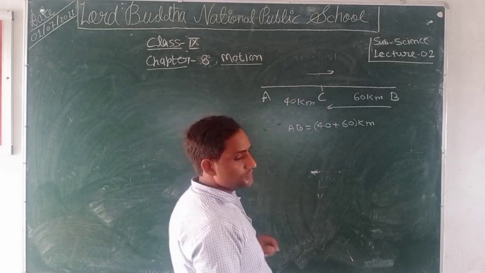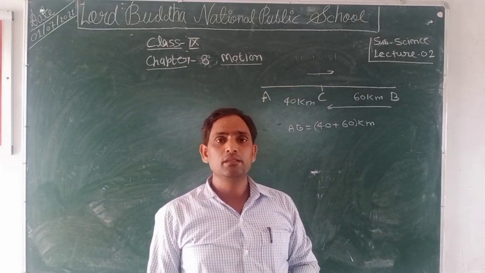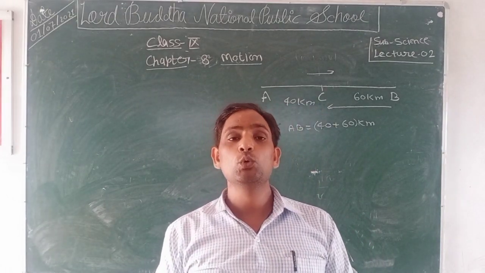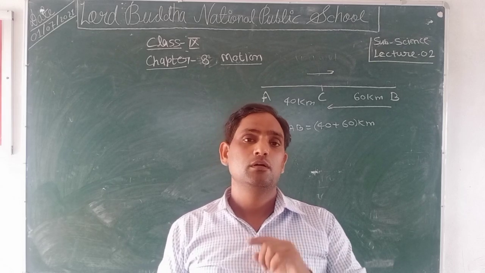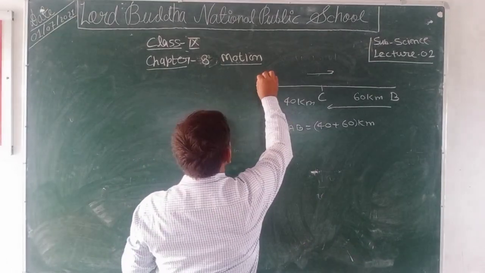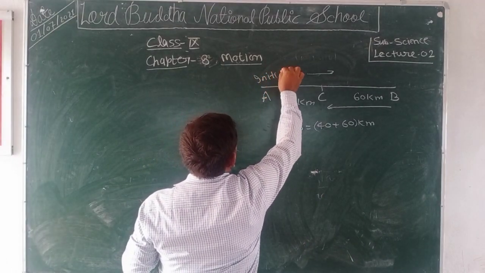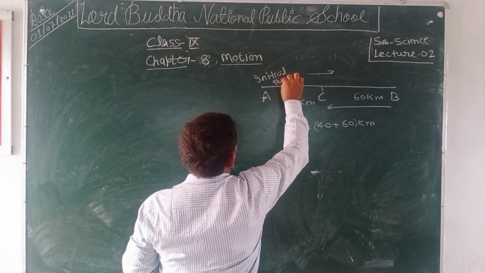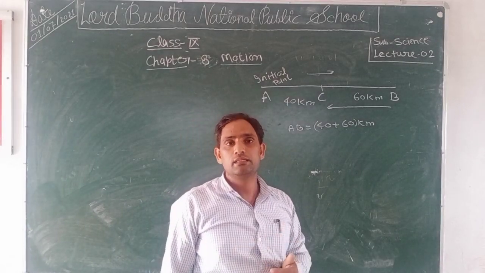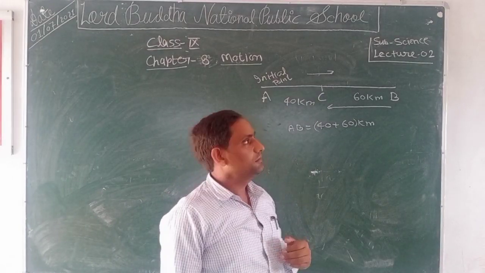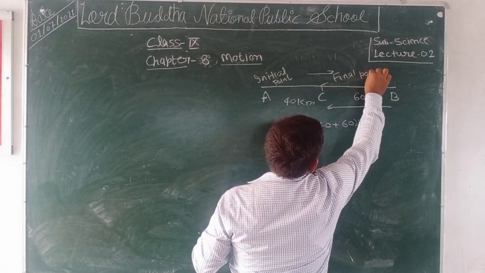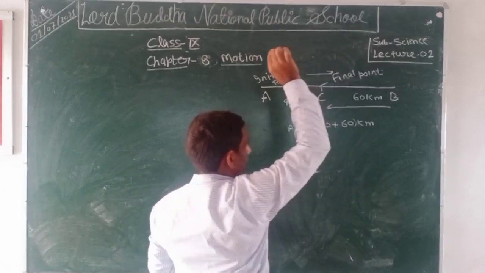Now, the length of the path followed by a person to reach the final point from the initial point. Here, A is the initial point, or we can say the reference point, and C is the final point. Clear?